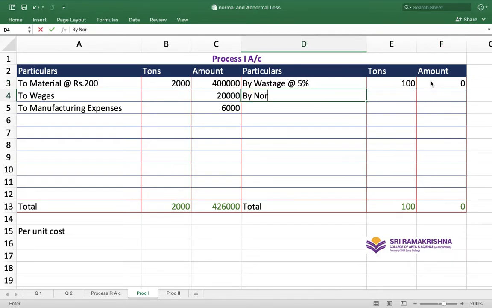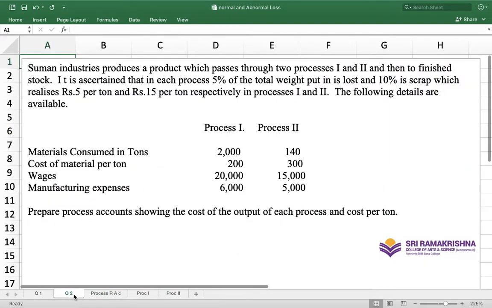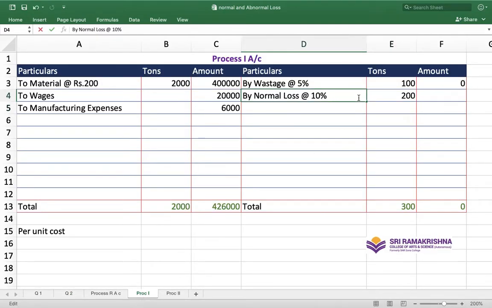Next, by normal loss at the rate of 10%, equal to 2000 into 10%, we get 200, and this is sold in the market at rupees 5 per ton. 200 into 5, so it will be sold in the market totally for 1000 rupees. So the balance will be transferred to process 2 account.